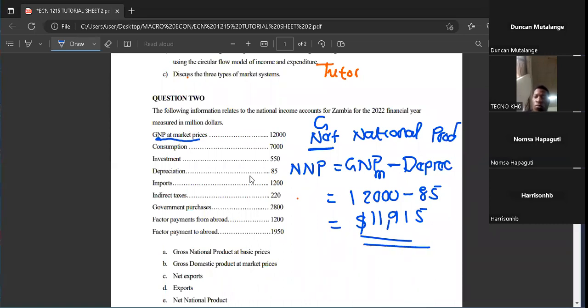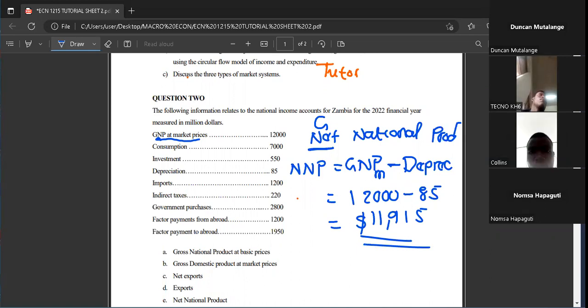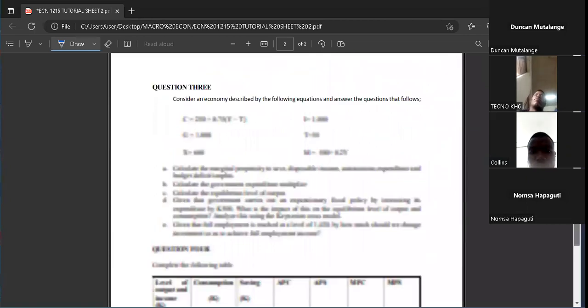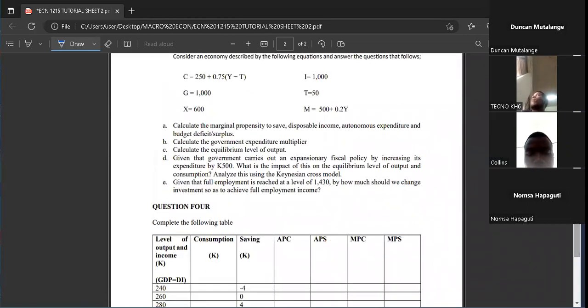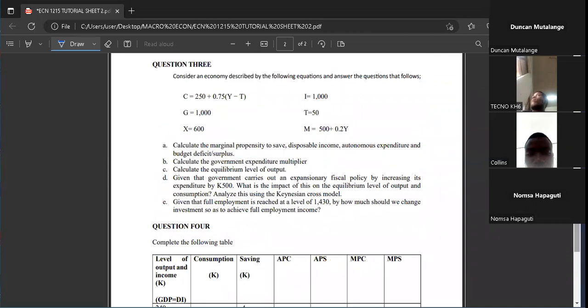Yeah, because I've run out of time, Zoom only allows 40 minutes. All right. So for the last one, the national income, and the first question, I'll send them immediately after this class, okay? But for these other questions, I'll calculate them on my own, and on Monday we'll have class with those that attend tuition with me, and I'll show you how to calculate all these.